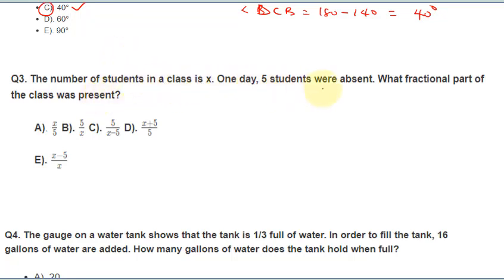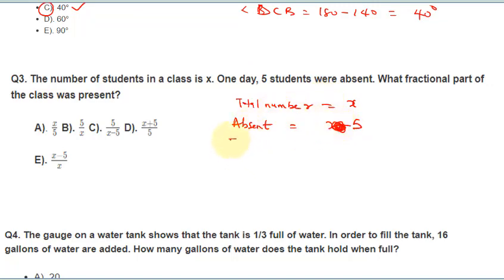Now, this question says the number of students in the class is X. One day, 5 students were absent. What fraction of the class was present? Now, total number is X. Absent on that particular day was 5.